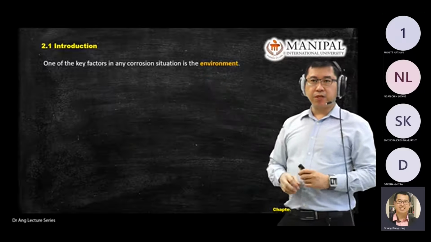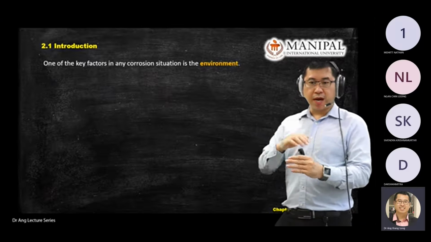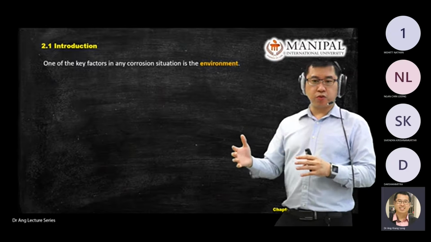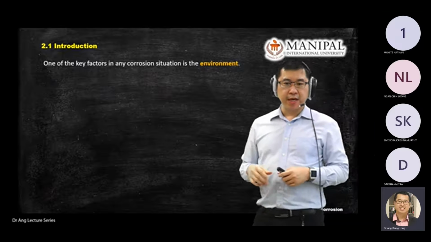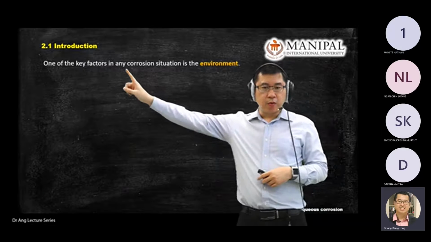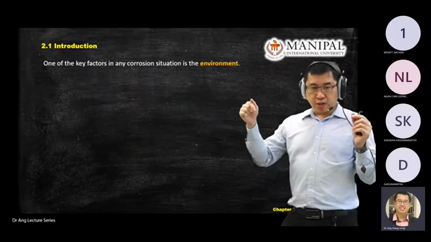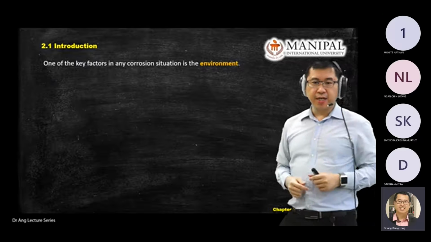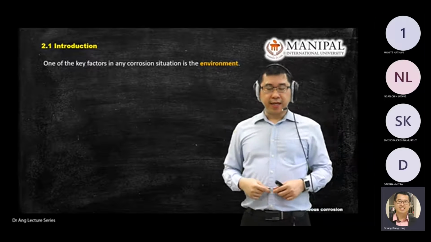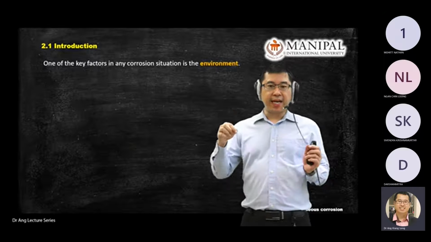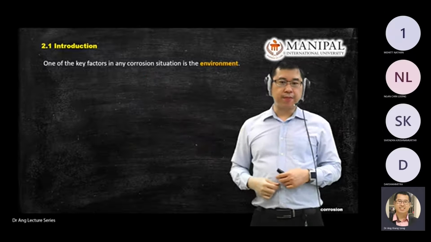So environment means, beside the metal, what is around the metals or alloys that contributes to the initiation of the corrosion process. Again, in chapter 1, we already covered that corrosion happens without external electricity. So if you add external electricity to the system, then you are having an electrolysis process. Then it will not fall under corrosion.